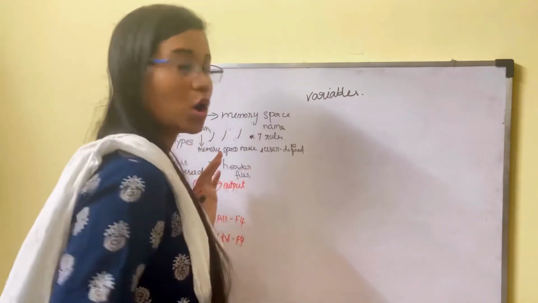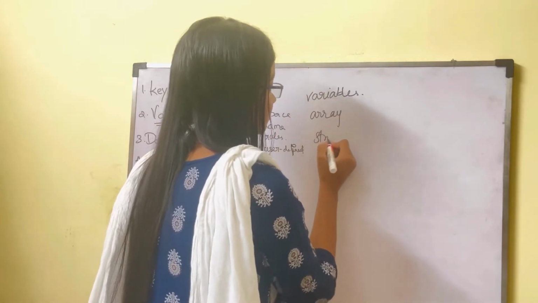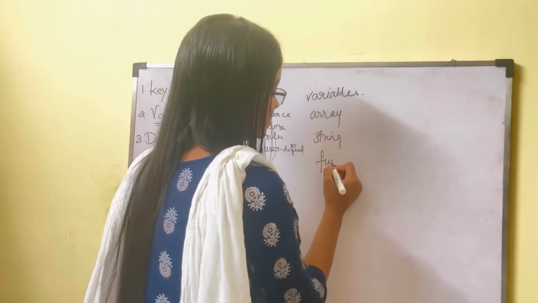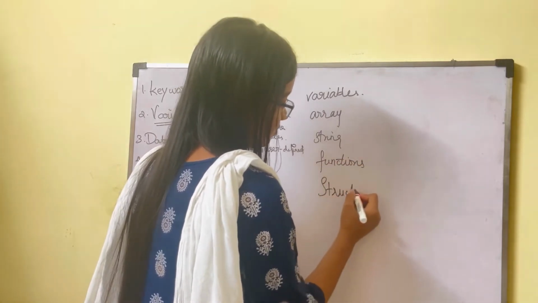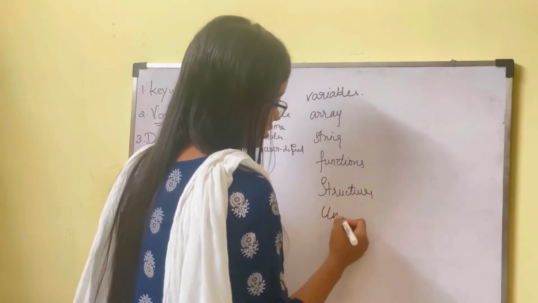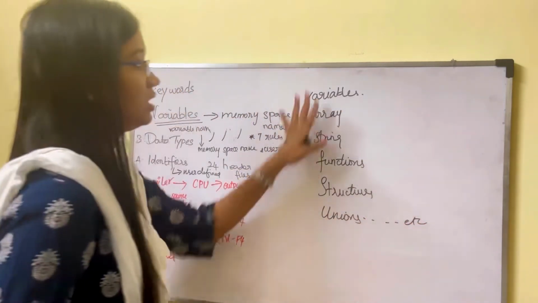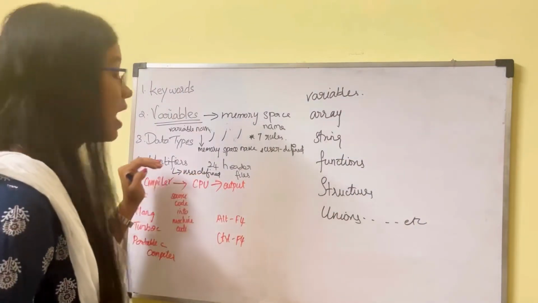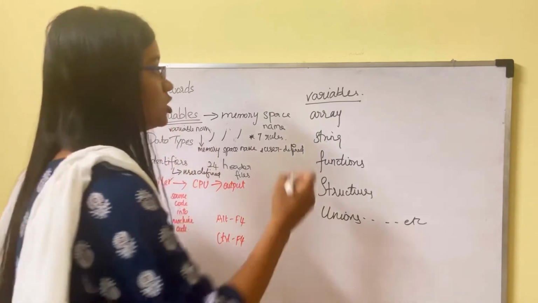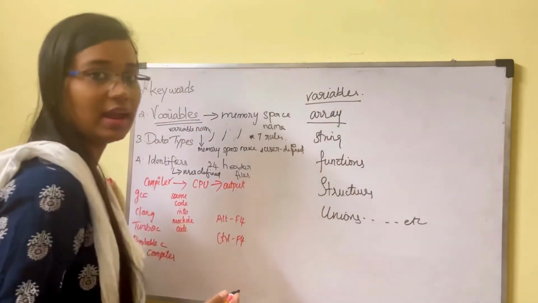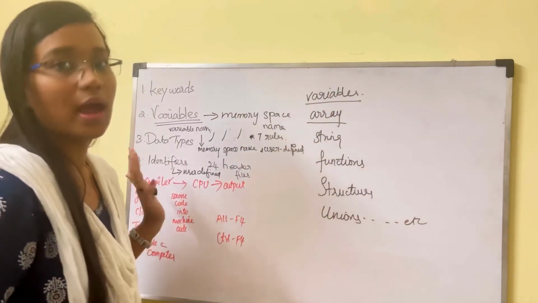By learning more concepts, we will get to know arrays, strings, functions, structures, unions. All these things come under identifiers. A variable is a memory space name. An array is also a memory space we are going to create, but it has a different concept. So all these things come under identifiers.